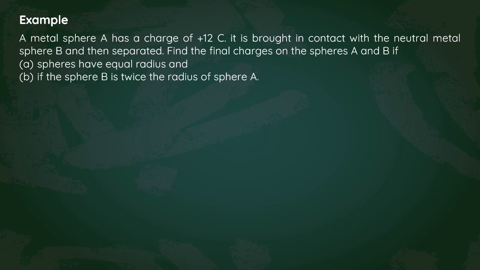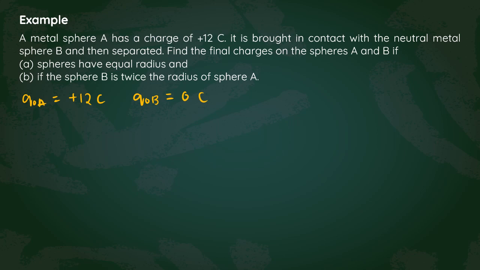We still have the same given values. Our initial charge for QA is positive 12 coulombs, and the initial charge for QB, or sphere B, is 0 coulombs.